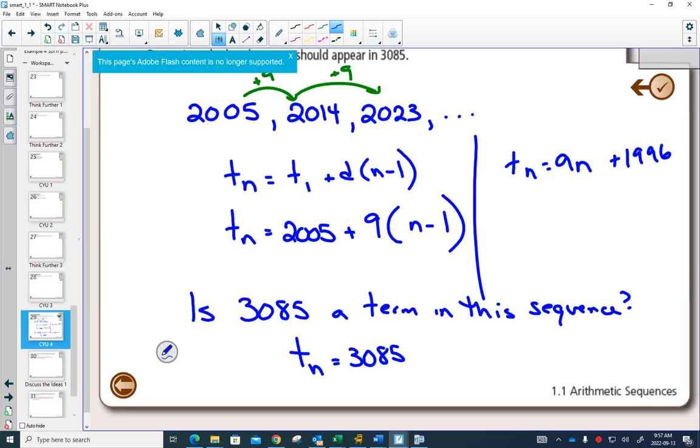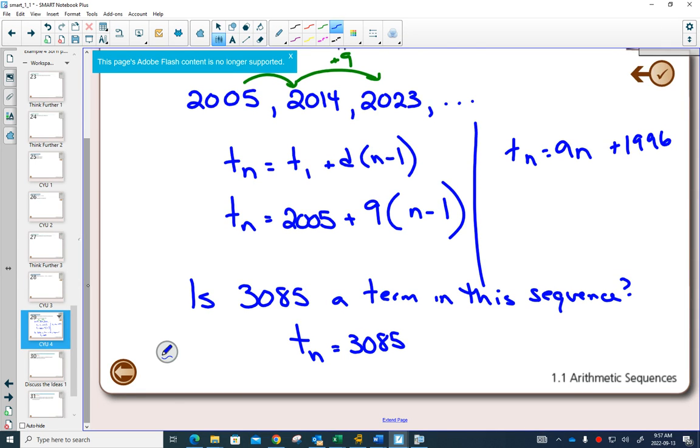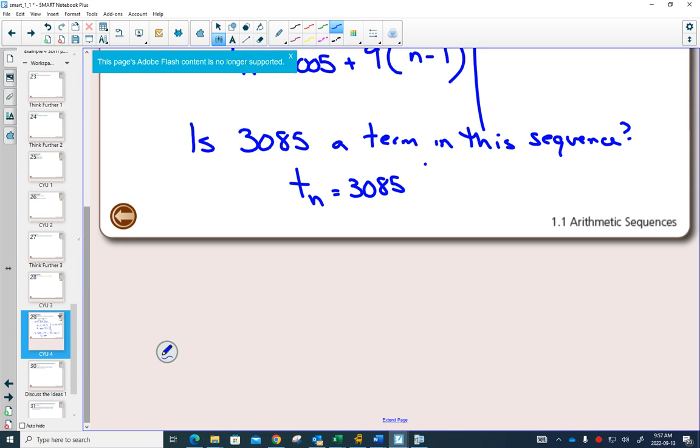So we set things up with our formula. I'll just put a question mark here because we don't know if that'll work. We'll plug it in. 3085 equals 2005 plus, and I'm going to distribute the 9 to give me 9n minus 9. If I solve an equation, we want to solve for n.